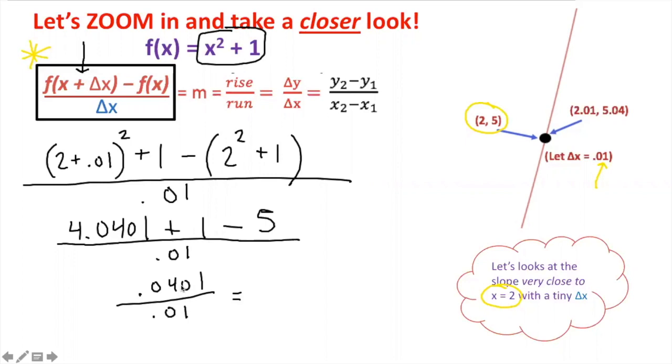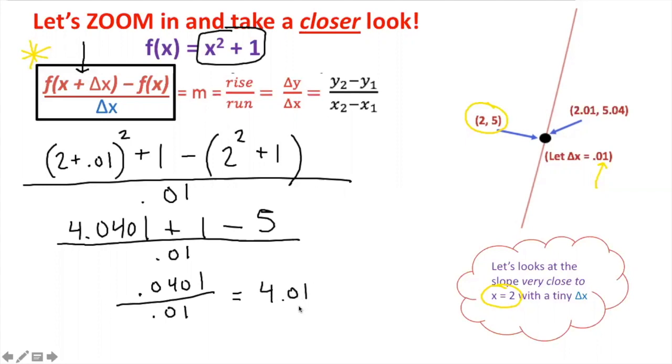Now if you do the final division, you'll get an answer because we're not dividing by 0, we're dividing by something very close to 0. 0.0401 divided by 0.01, which is 1/100th, is, drum roll please, 4.01.